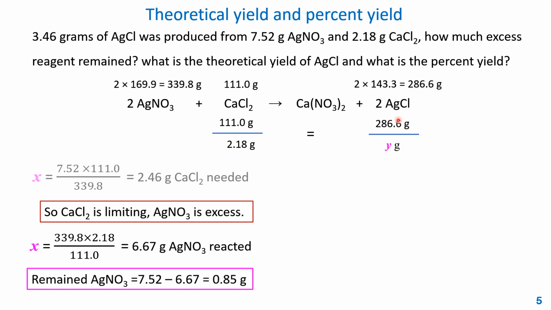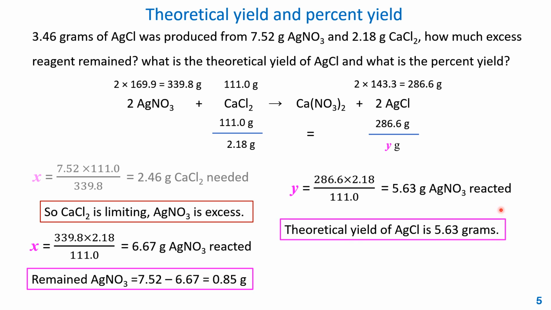Y will be the cross multiplication of these 2 numbers, 286.6 times 2.18 divided by 111. We got 5.63 grams of silver chloride that will be obtained. Yeah, that's a typo, this should say produced. The theoretical yield of silver chloride is 5.63 grams.